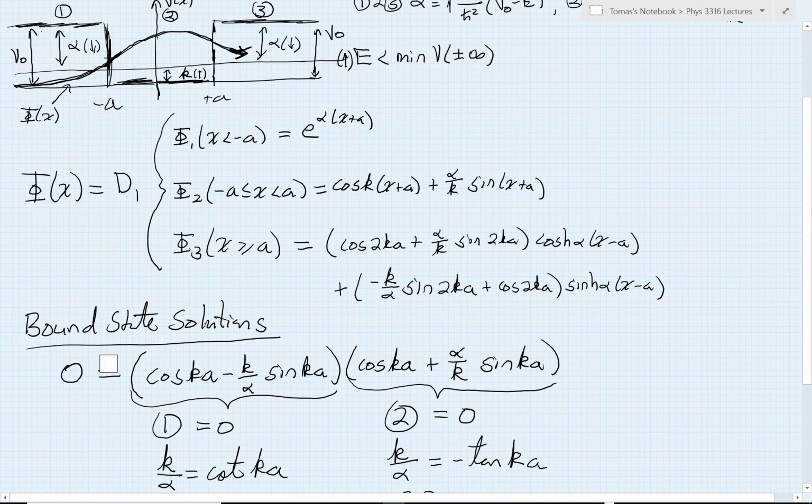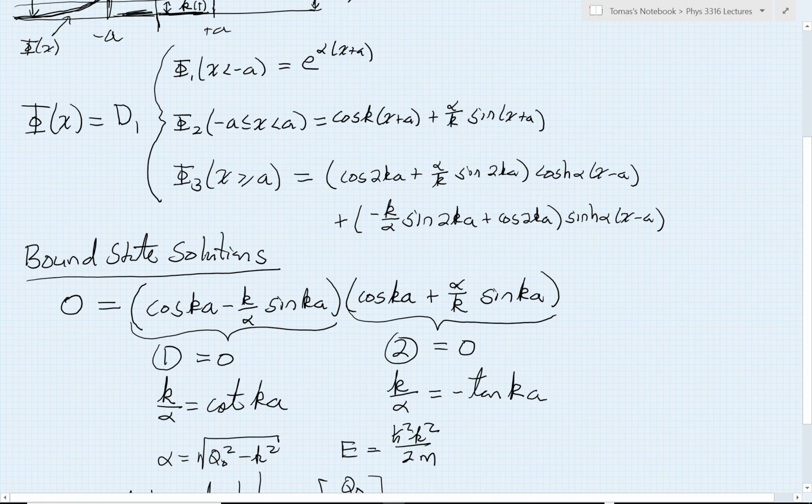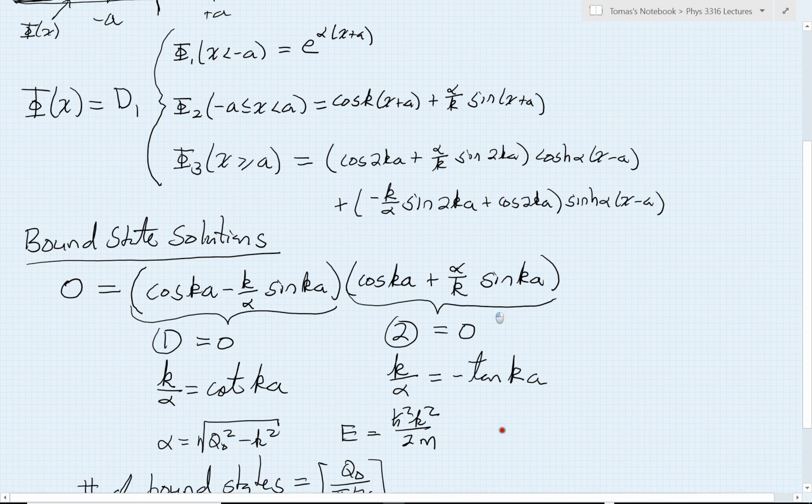So that prefactor we insisted was 0. We were able to determine it in terms of these various trig functions, and in fact we were able to factor it so that there were two types of solution, a type 1 and a type 2, governed by one or the other of these trigonometric functions giving me 0.